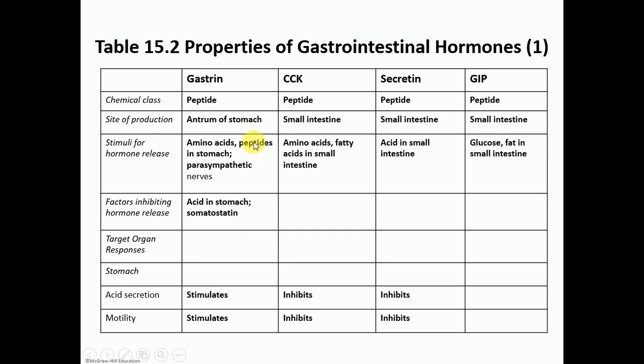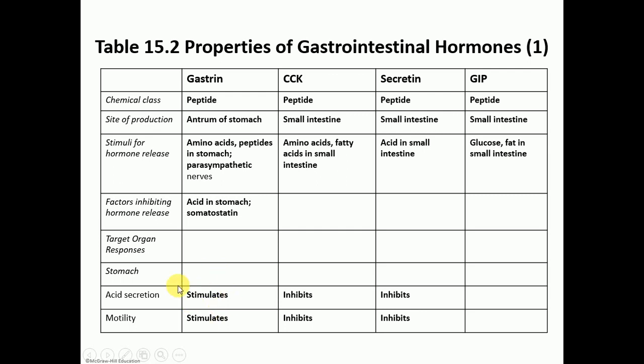So first off, we'll talk about gastrin. It's a peptide hormone. Actually, all of these are peptide hormones. The gastrin is made by the antrum of the stomach, and that's the lower part of the stomach. It is stimulated by the parasympathetic nervous system. It's also stimulated by proteins in particular. So when we eat proteins, amino acids, and having peptides in the stomach, that'll stimulate gastrin.